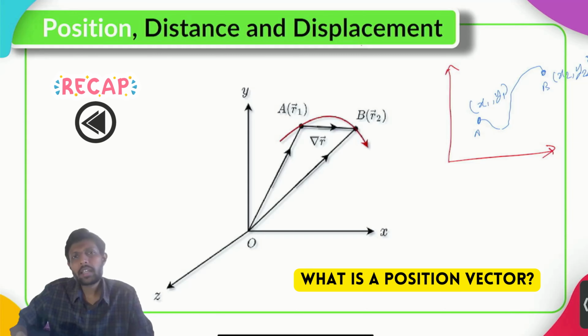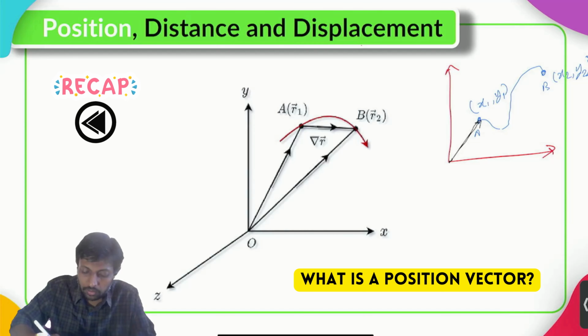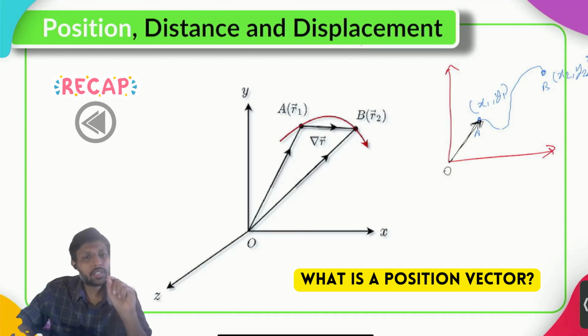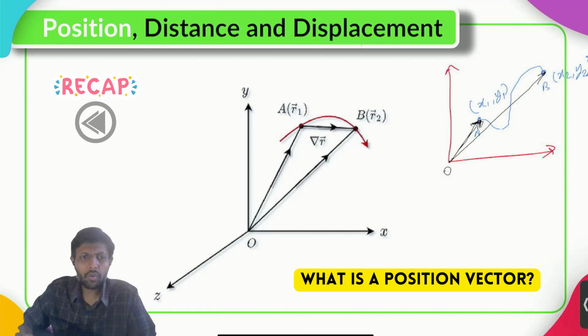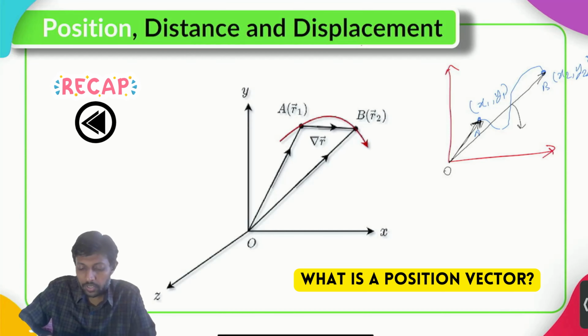A vector is diagrammatically represented by a ray, starting from the origin or the reference and ending at the object itself. So this ray OA is the position. It indicates the position of point A, whereas the ray OB represents the position of point B or object B. Now these rays are called position vectors.